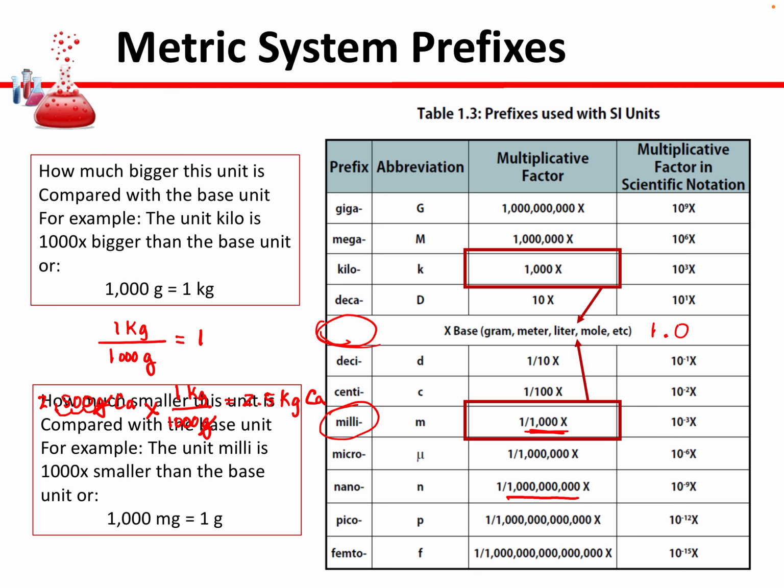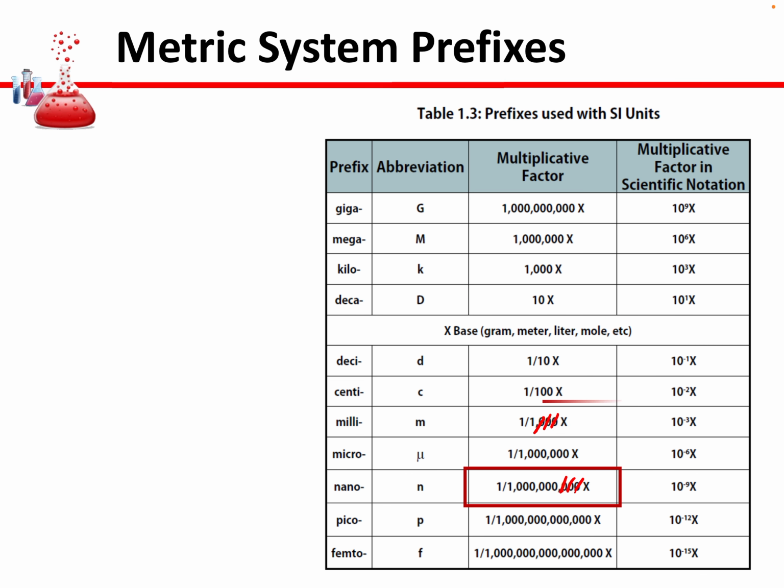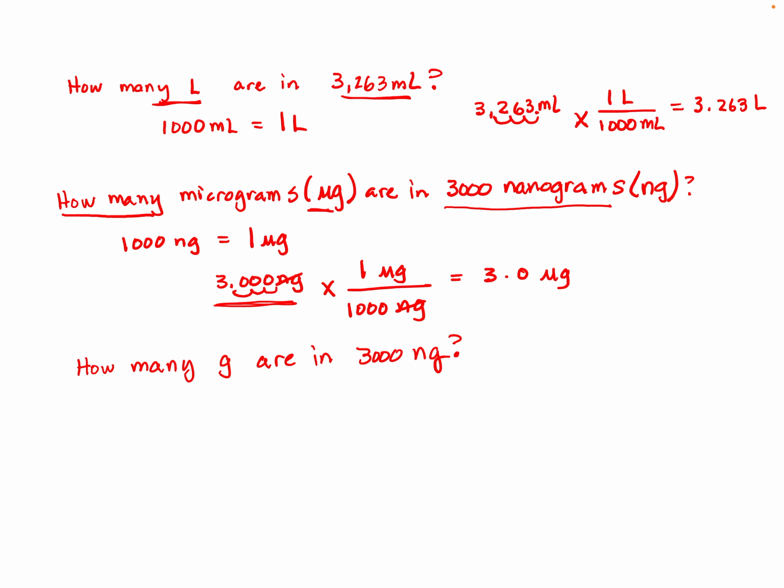That's our conversion factor. 1, 2, 3, 4, 5, 6, 7, 8, 9 zeros. That's a lot. A lot of nanograms.